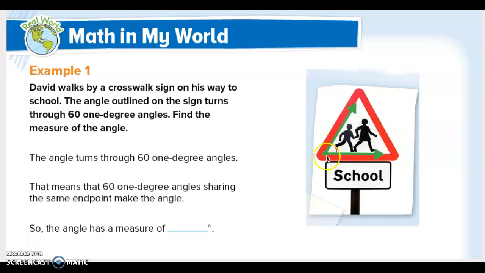Because it's a 60-degree angle, we know 60 is less than 90 degrees. And remember, anything less or smaller than 90 degrees is called acute.